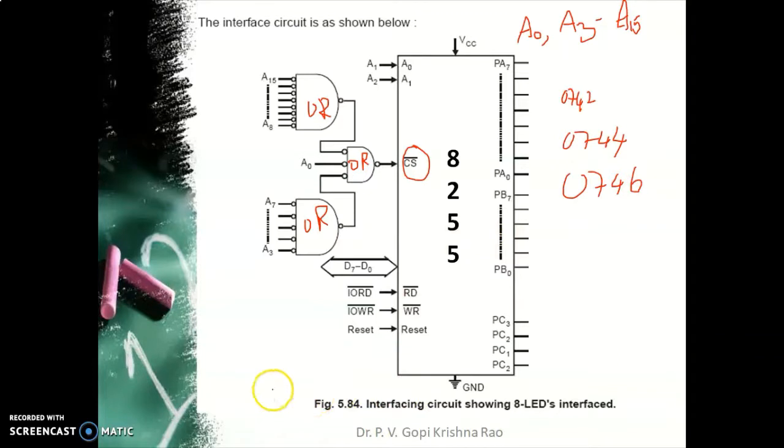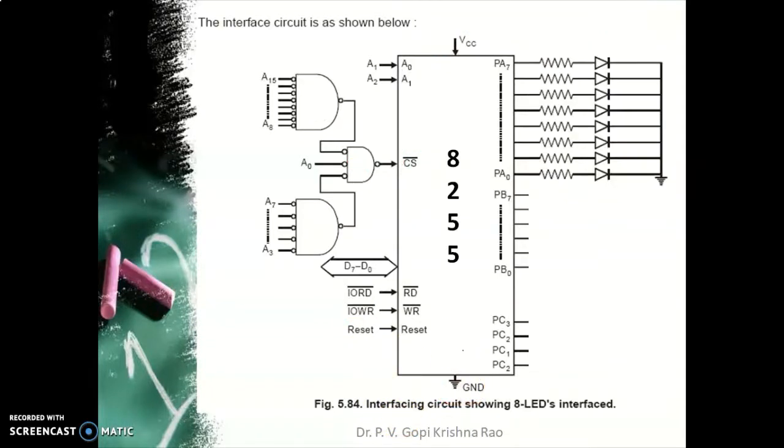The read and write lines are respectively connected to the IO read and IO write of 8086, and reset is connected to the reset out terminal of 8086, with the necessary power signals connected to 8255. Once it is connected, port A is configured as output.